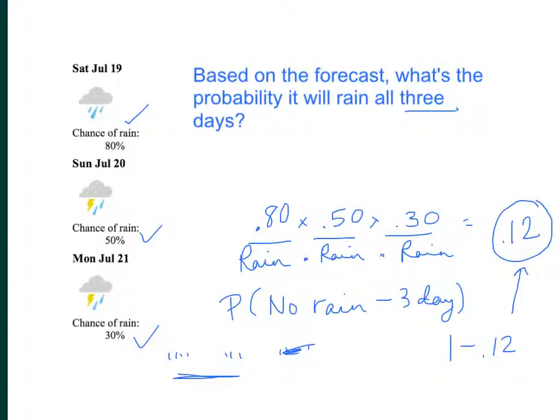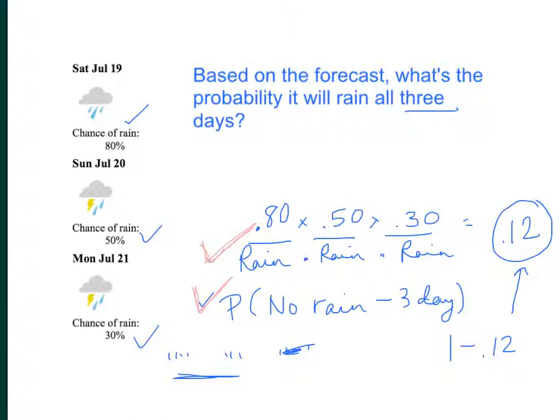So these are not our only 2 options. It's not either rain on all 3 or no rain on all 3. You might have, again, rain on some days, not on others. So that's why these 2 are not complements, and I cannot just do 1 minus 0.12 in order to get the answer to my second question. For 2 things to be complement, they have to be the only 2 options available.